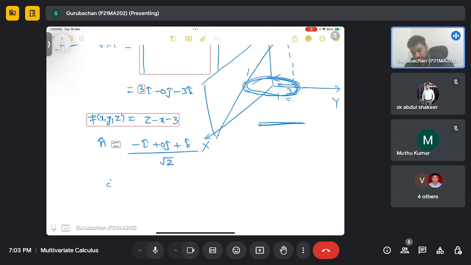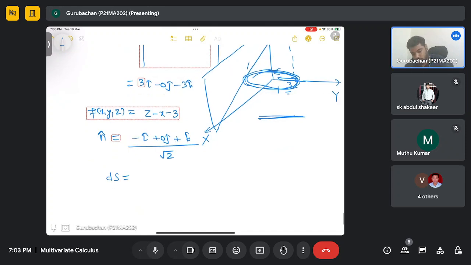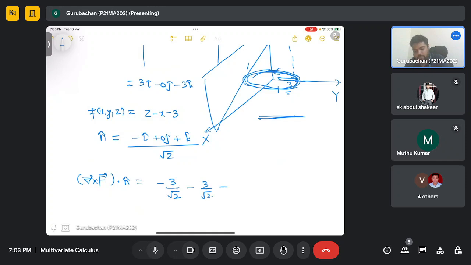Now, what can be our dS that we will see after this. Let us first compute del cross F dot n cap. So this will give you minus 3 by under root 2 minus 3 by under root 2, which will be minus 3 under root 2. Right? Any doubt?